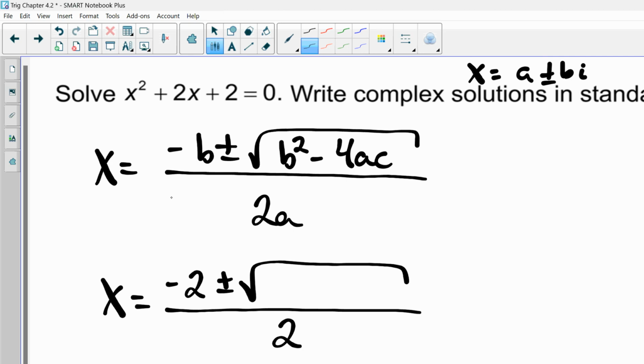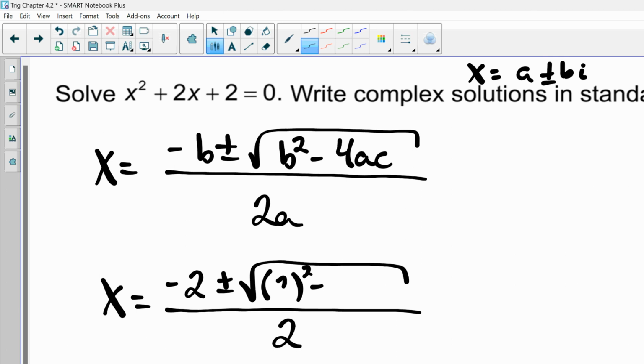Out of the quadratic formula, the only two things I do at the same time as plugging the numbers in is negative b in front and 2a. Because switching the sign and multiplying something by 2, I think at this point we can handle pretty well. What's inside the radical, I go on and write it out every single time.